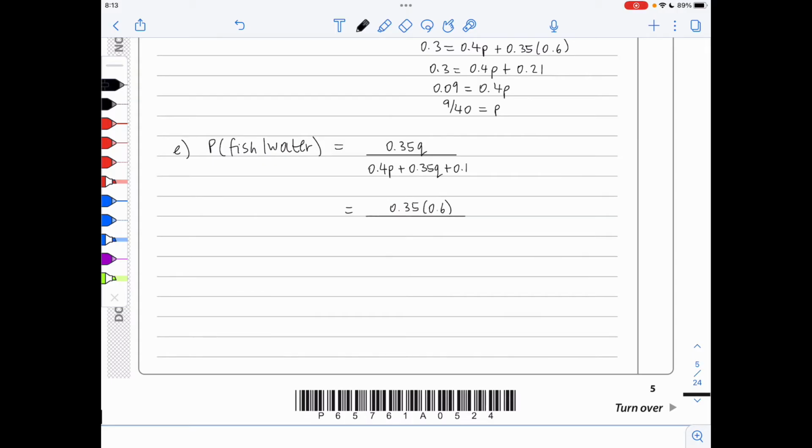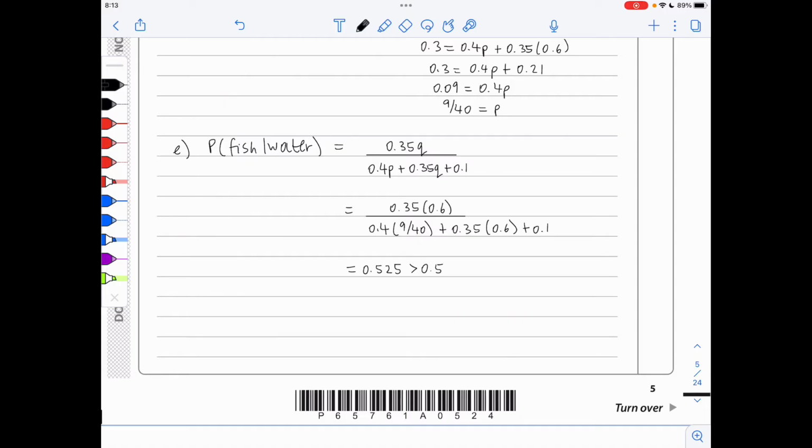P is 9/40. So I'm replacing the values I found for P and Q. And this is giving an answer of 0.525, which is greater than 0.5.